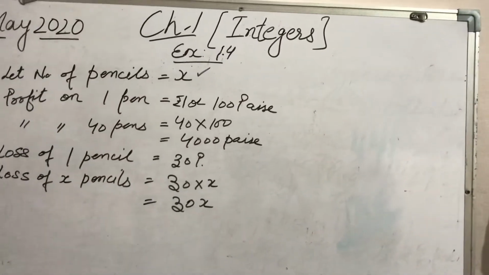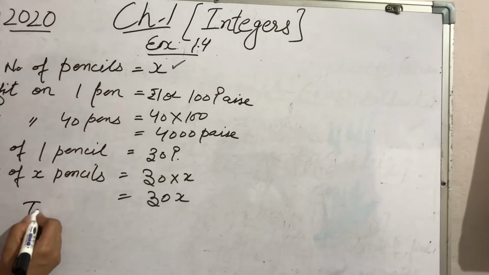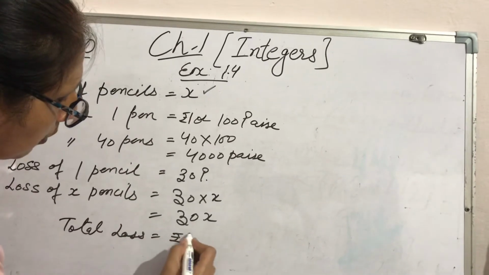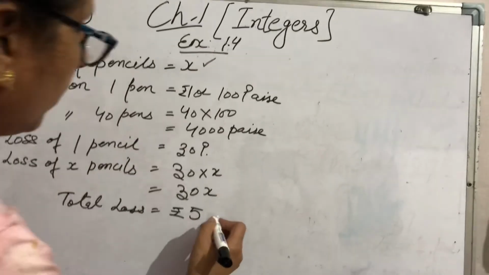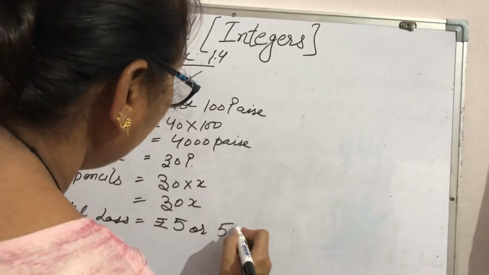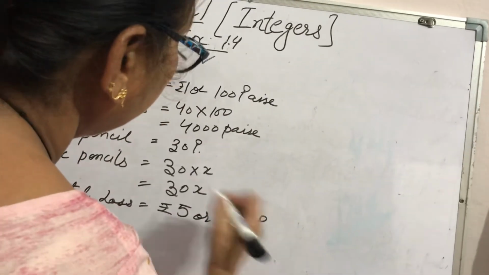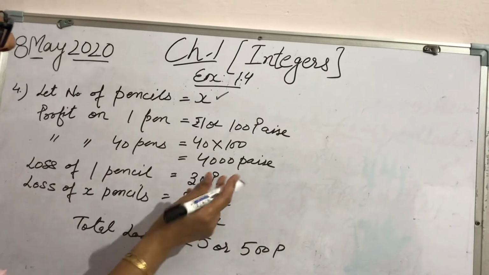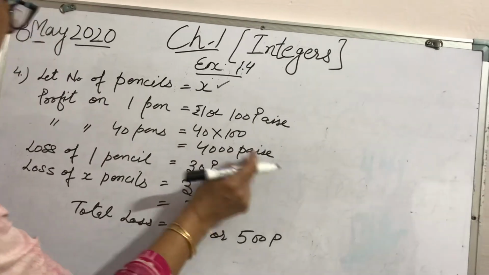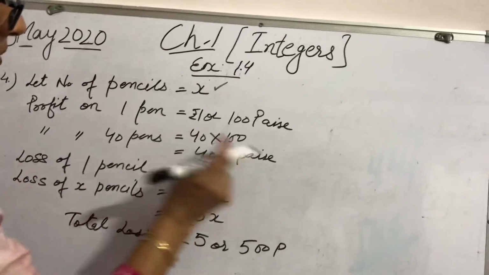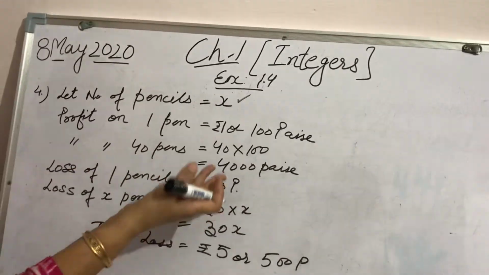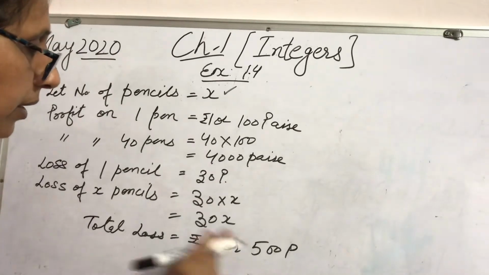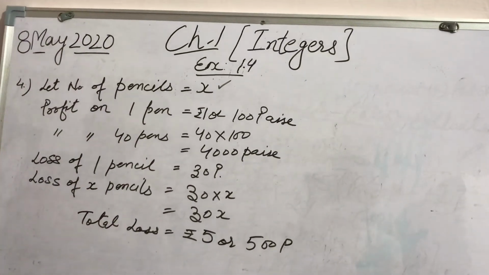Then the total loss is ₹5. Again it can be converted into pies, it will be 500 pies, because we should have the same unit. The profit on 40 pens is 4,000 pies. The loss on one pencil was already given in pies. So the total loss is 500 pies.